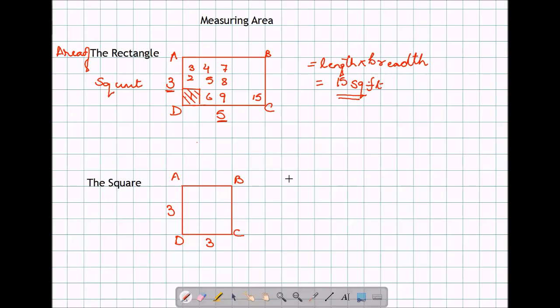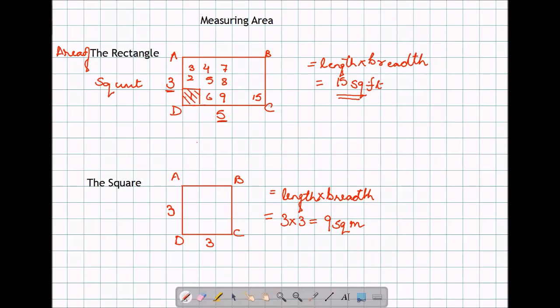The area will be length into breadth, because it's just a special case of a rectangle, which will be 3 cross 3, that is 9 square units.